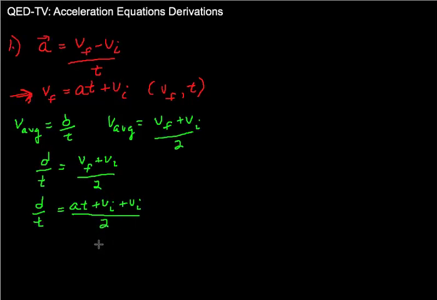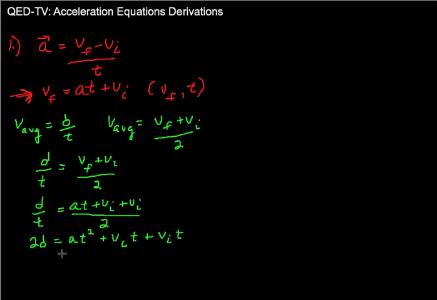Okay, so now what can I do? Well, I could cross multiply here. So I could have 2d equals, let's see, I'm going to take t times this whole top part, so I'll have at squared plus vi t plus vi t.